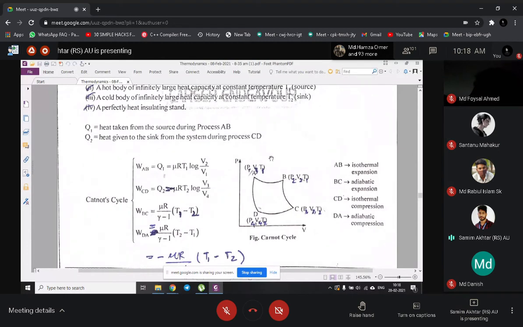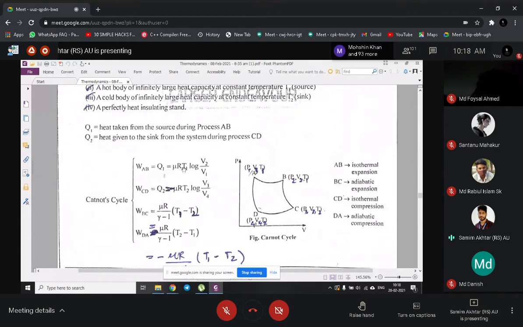This kind of expansion is known as isothermal expansion. Why is it isothermal? Because the temperature at these two points, T1 and T1, is the same. Whenever the temperature is the same, the process is called isothermal expansion.